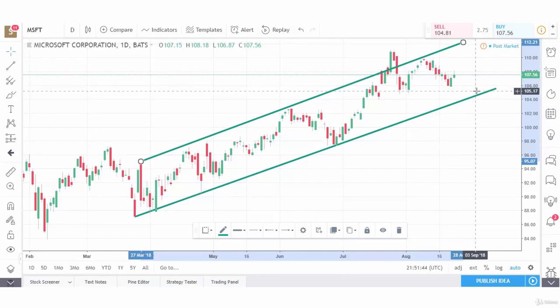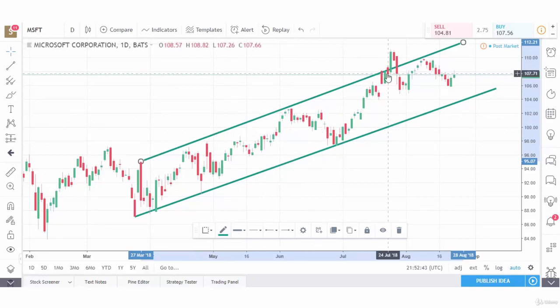So if we're able to purchase the stock at the bottom of the channel, depending upon our trading strategy, we may sell the stock at the top of the channel and then purchase it again when it reaches the lower portion of the channel. Each time it touches the bottom part of the channel, these become rising support levels. And each time it touches the top of the channel, these become rising resistance levels in the stock.